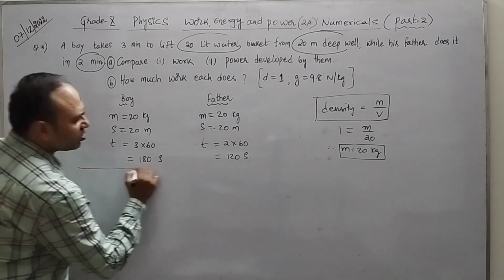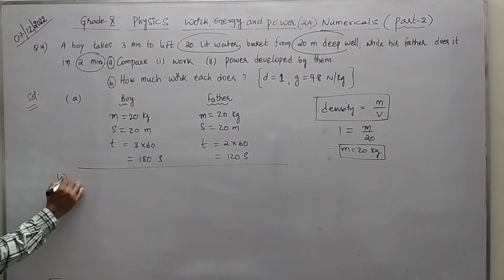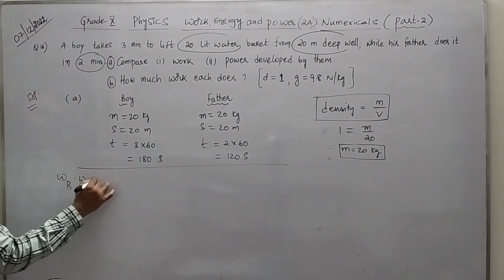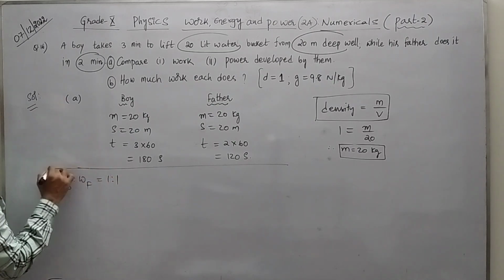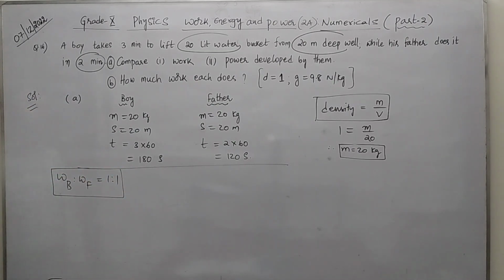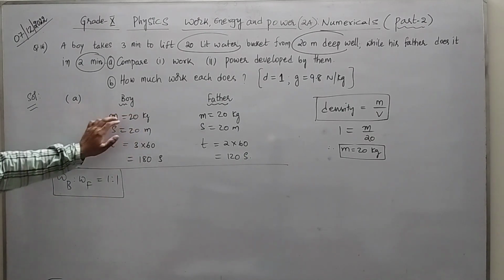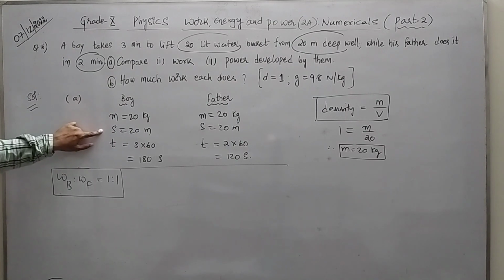First and foremost, the work done by the boy and the father is 1:1. The important reason is that work is independent of time, so time doesn't matter. Both the mass and the displacement are the same, hence we can say the comparison is 1:1.